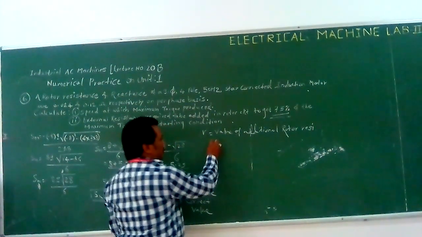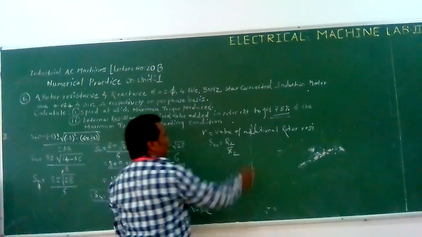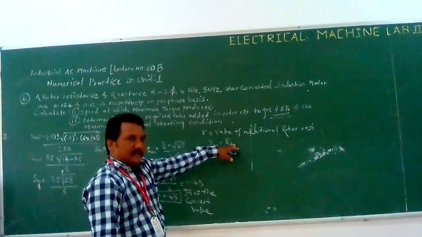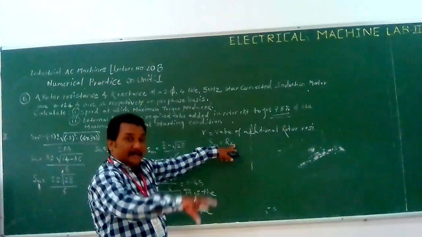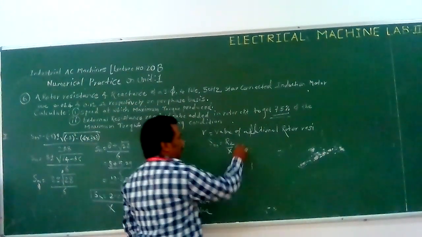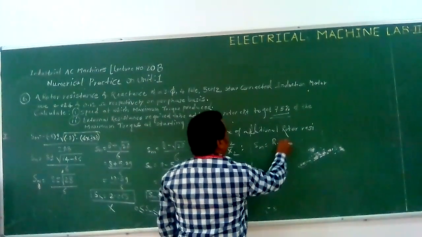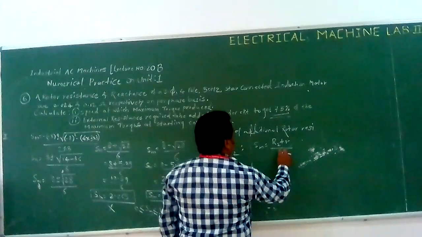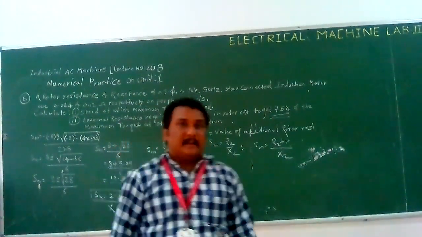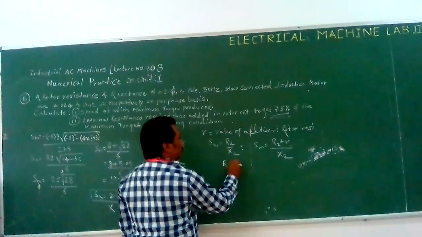We know that Sm is equal to R2 upon X2. But here now what happened? R2 is the rotor resistance as per the technical specification and R is the external resistance. The condition for maximum slip is R2 equal to X2.